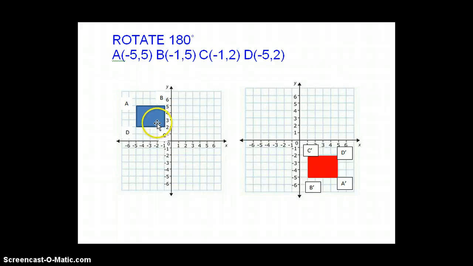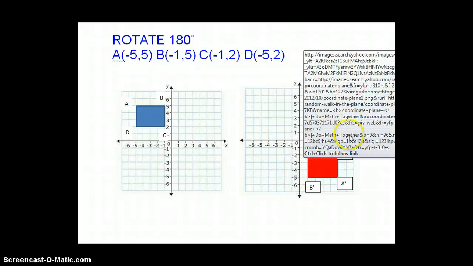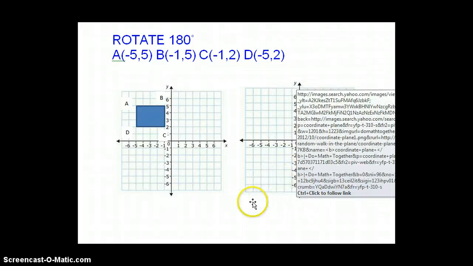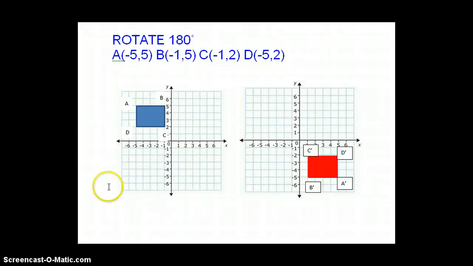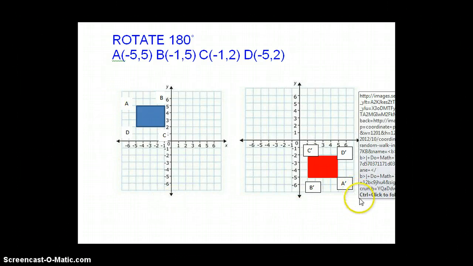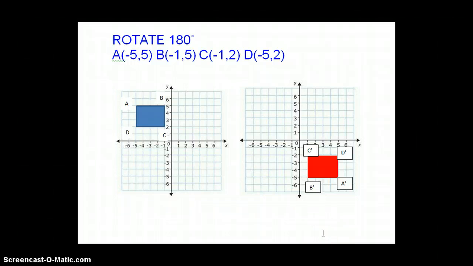Notice how C is the closest point to the axis in the original shape, and down here in the new shape, C is still the closest point to the axis. A was the furthest point away in the original shape, and A is still the furthest point away after our rotation. The points will stay the same distance away from the axis in the new shape as they were in the original shape. So that's a good way to check your answer.